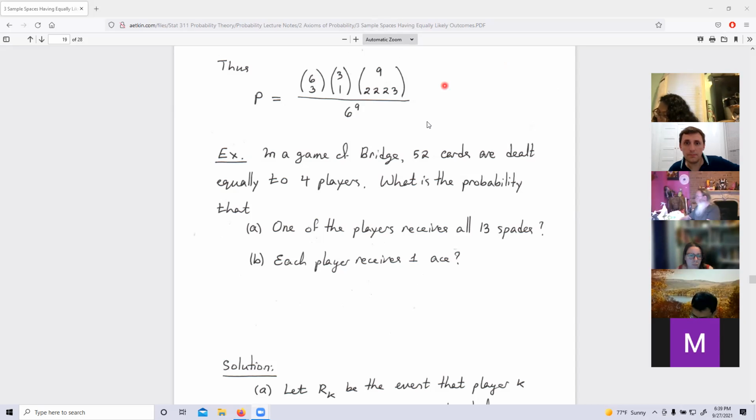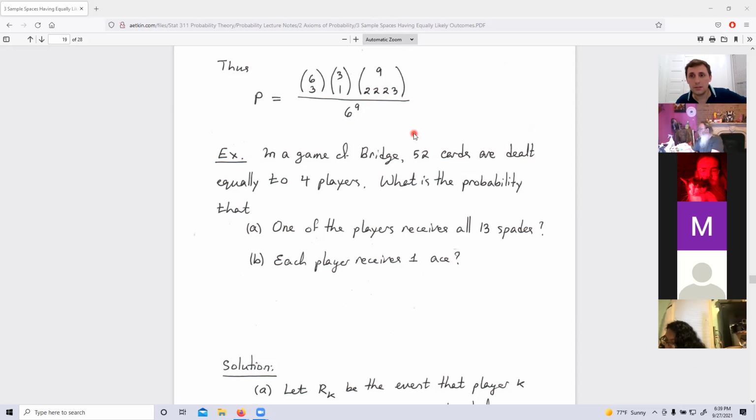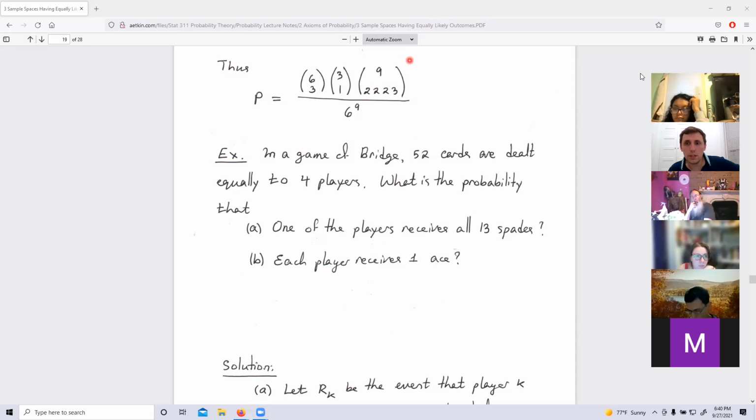Well, let's see. Stephen, something about your denominator is too small. All right, let's do it together.